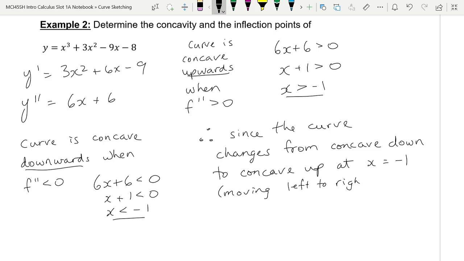Not that that really matters. Just gives me kind of a visual of the graph.